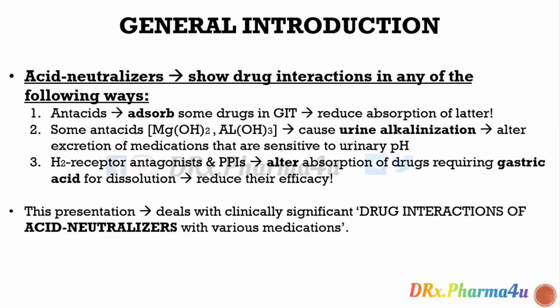So as a result, levothyroxine's efficacy will not be seen in the body because it requires an acid medium. So here we are dealing with those kinds of drug interactions. We are dealing with those medicines which require an acidic medium for dissolution or for showing their activity. And when we are giving acid neutralizers concurrently, what happens?